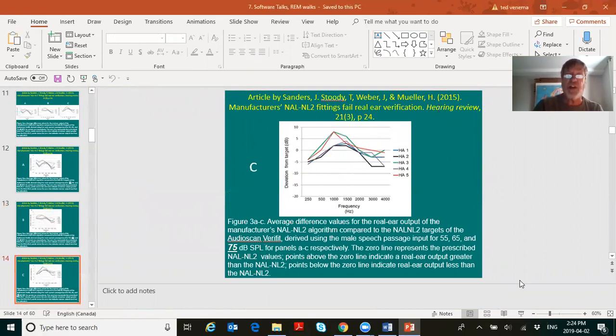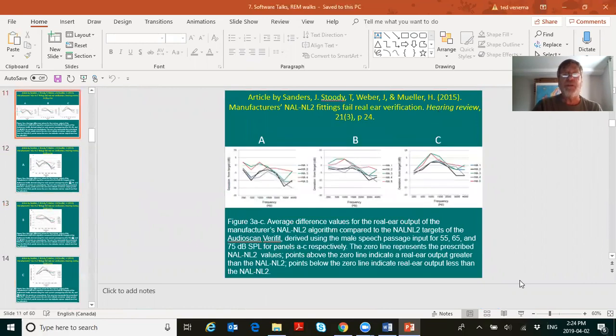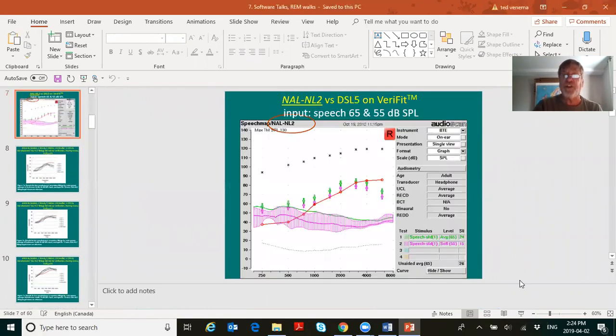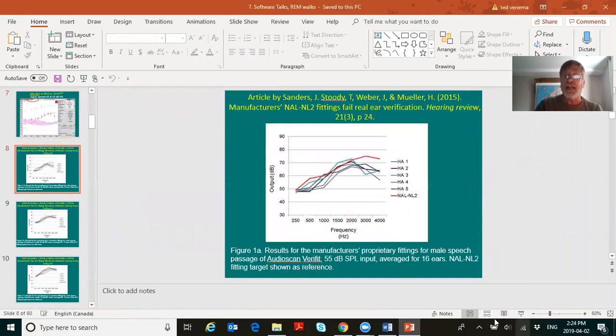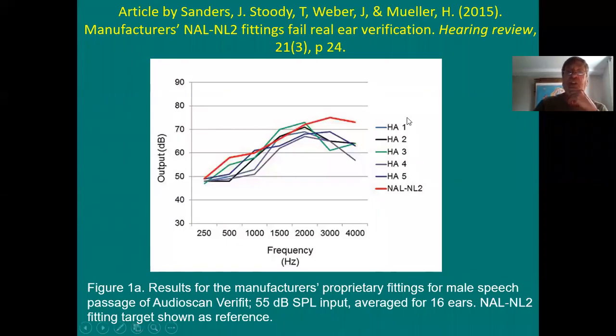Because looking at slide, and I'll just make numerical indications of these. Slide 8 is talking about 5 different hearing aid companies and looking at their proprietary fittings versus NAL2 for some imaginary hearing loss.